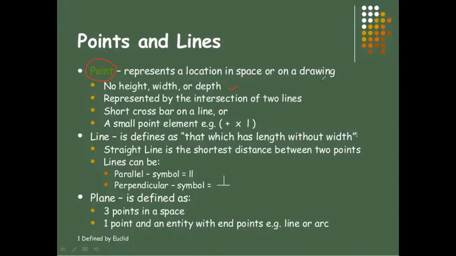Okay, so when two lines or three lines intersect, this one here is the intersection or the point where it meets. Okay, so that means it can also be represented by the intersection of two lines, a short crossbar on a line, or a small point or element. Okay, so a simple dot like that one is already considered a point.